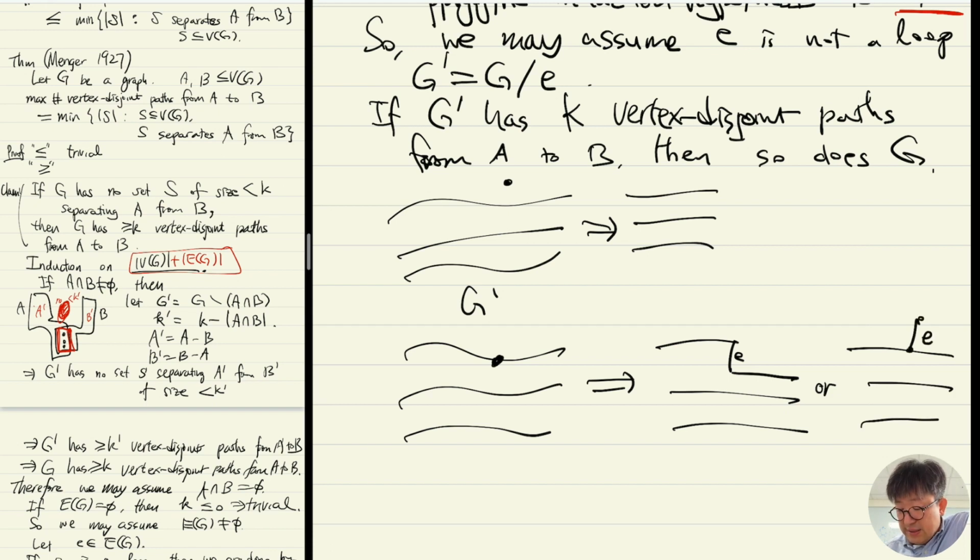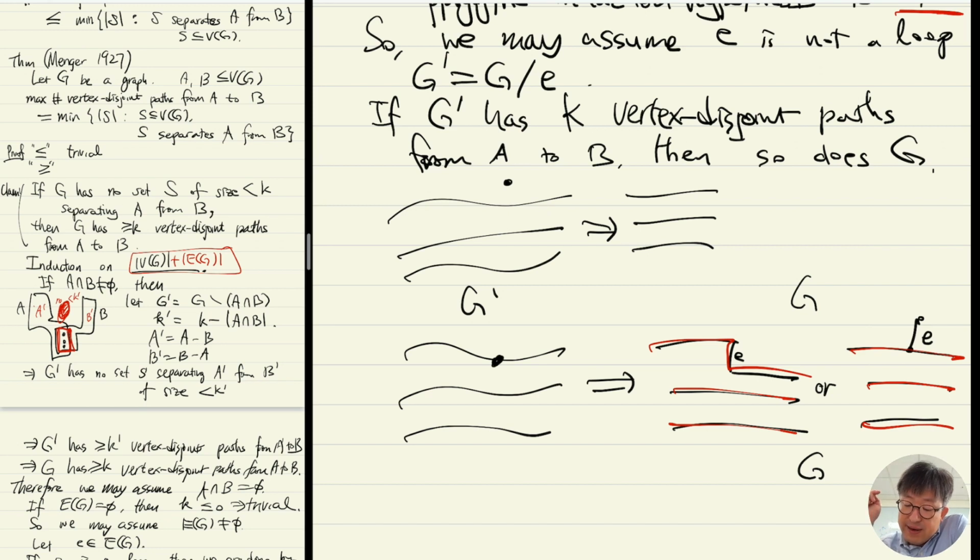But in both cases, you still have a path, right? So as long as G prime has K vertex disjoint paths from A to B, then G will also have such paths.